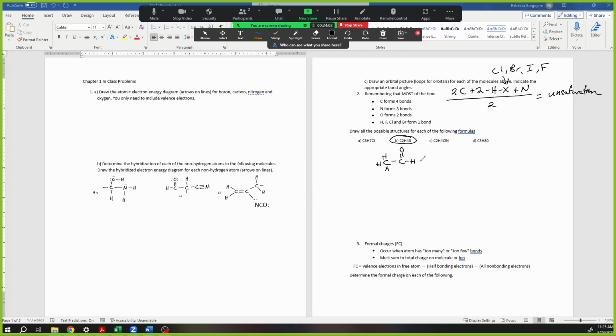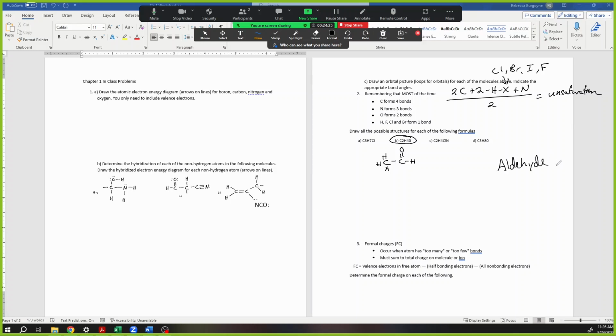Okay, perfect. Just so you know, this is what's called an aldehyde. I'm going to start helping you notice these things. This is a carbonyl, and a carbonyl attached to a hydrogen on the end like this is called an aldehyde.